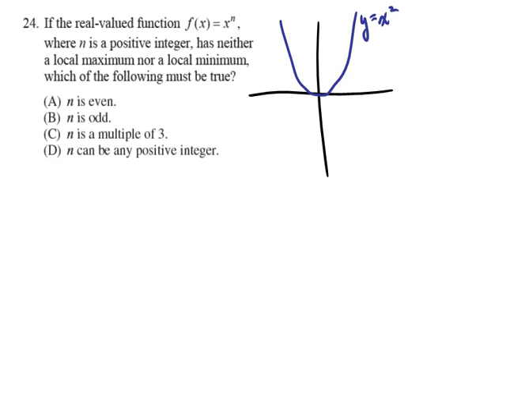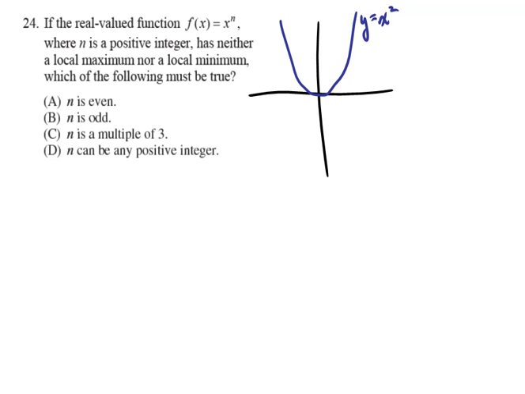And so right away that's going to rule out something like y equals x squared, which definitely has a local minimum there, or y equals negative x squared, which would have a local maximum there.